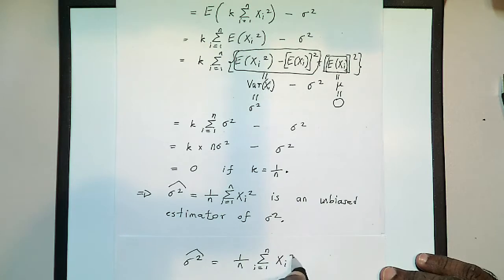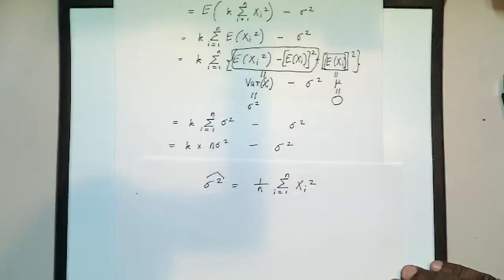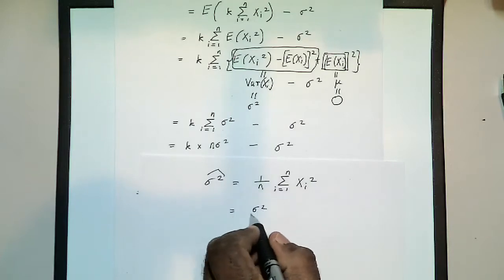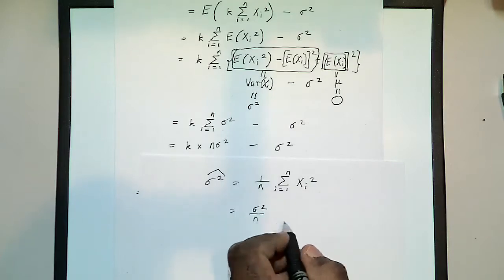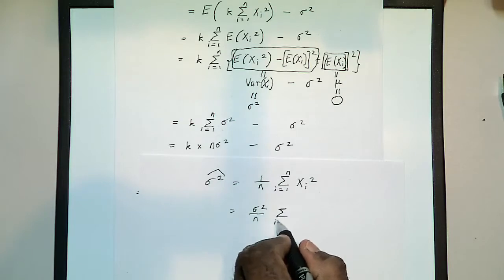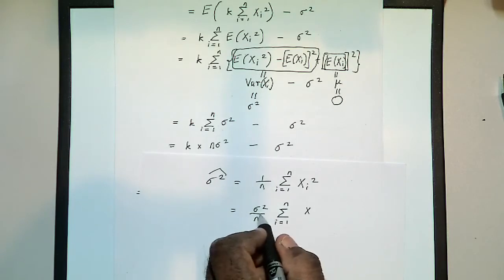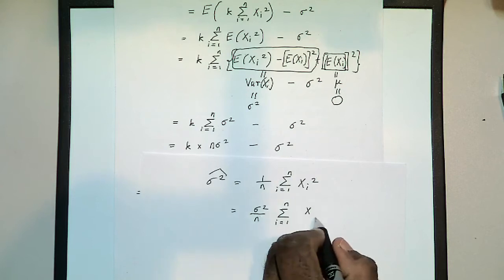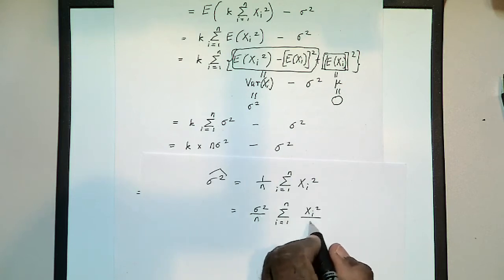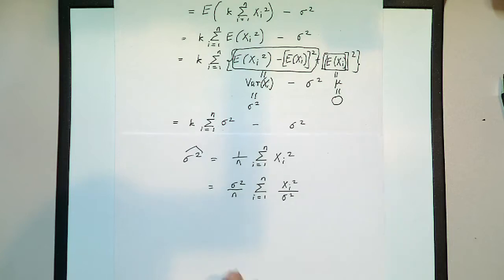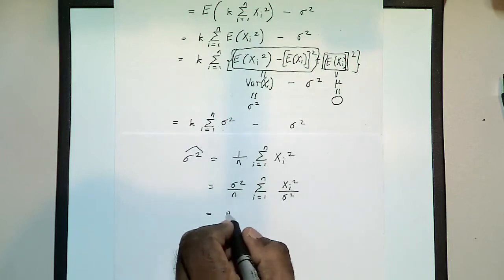Okay, and we want the distribution of this estimator. Now what I'm going to do, I'm going to multiply this by sigma squared, and because I have multiplied by sigma squared, we need to divide by the same quantity, right? So this is going to be sigma squared by n.